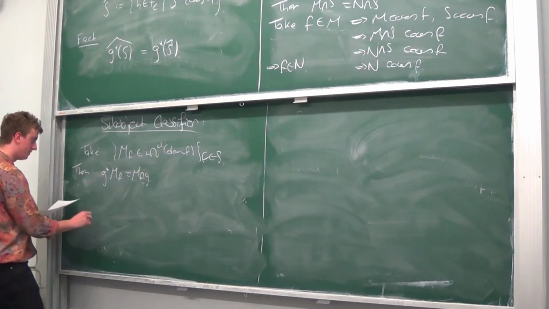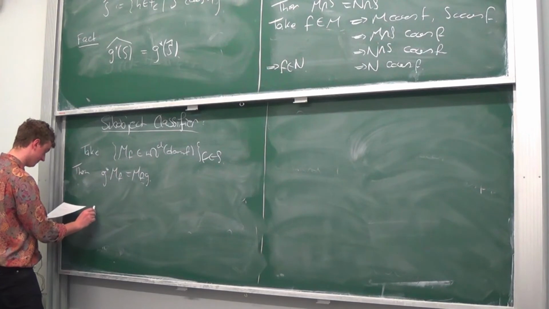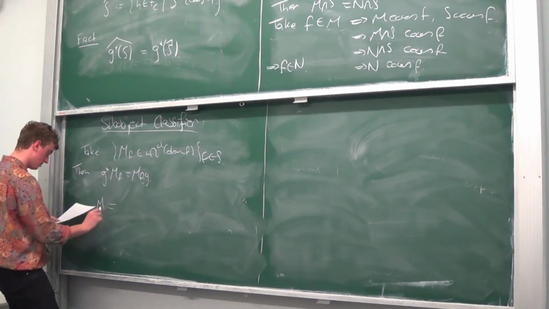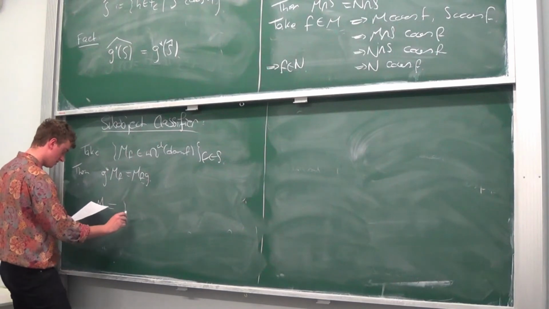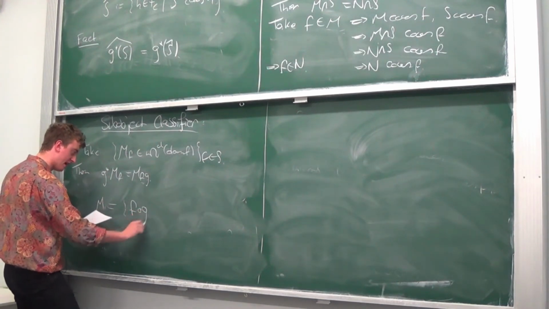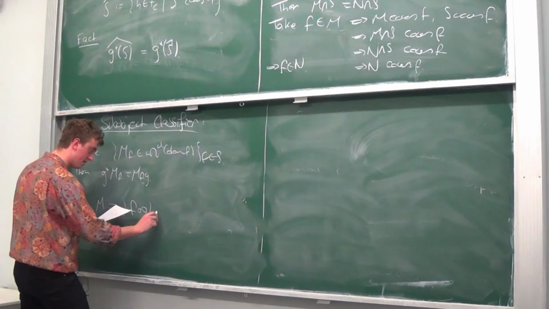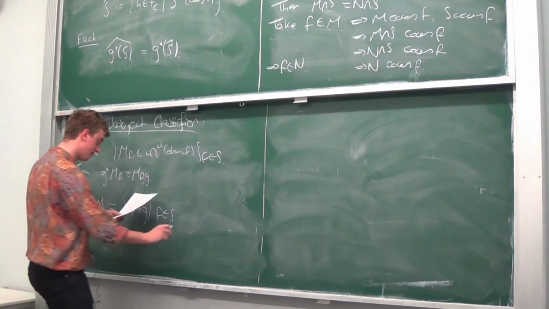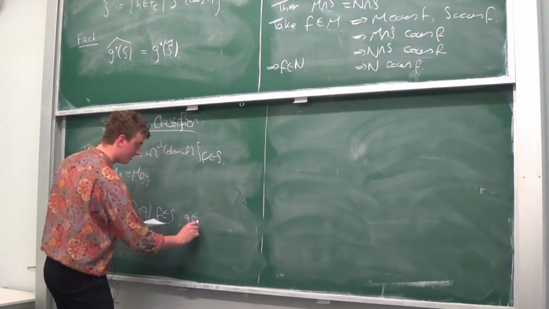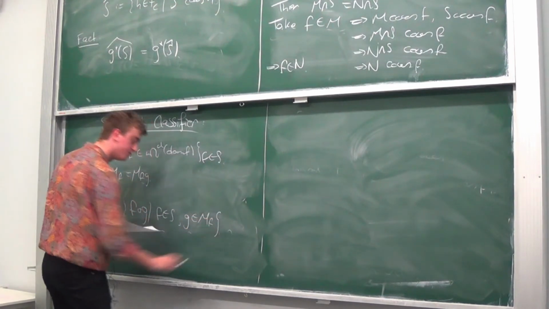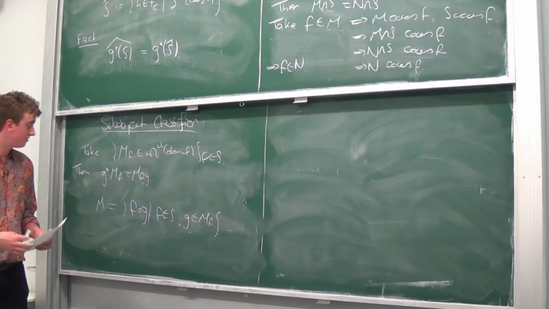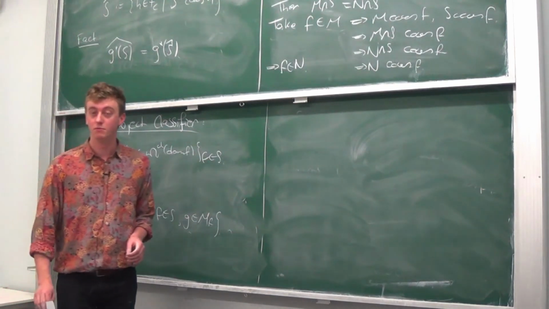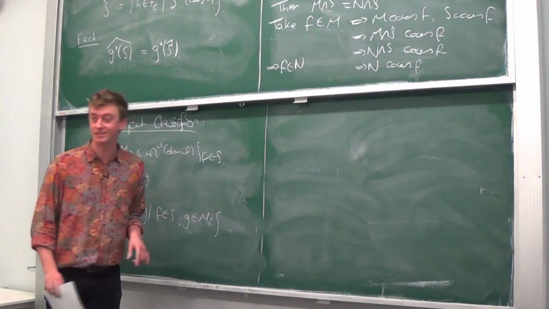So consider now the following sieve. We'll take M to be the compositions of f and g, where f ranges over all f in the cover S and g in M_f. It turns out this is actually not going to be a closed sieve in general, but we're going to show that its closure is actually a closed sieve.